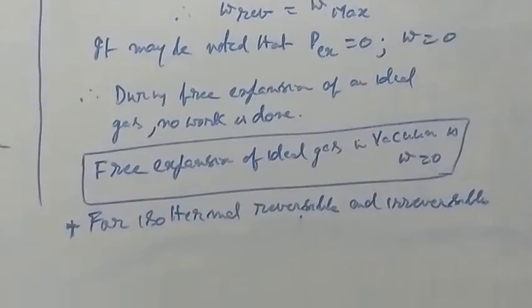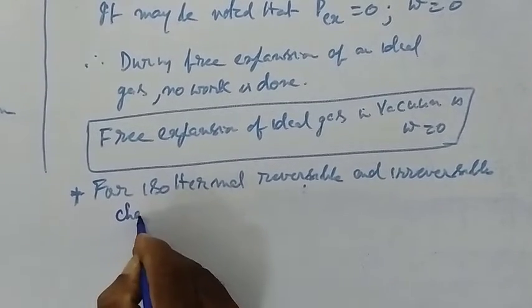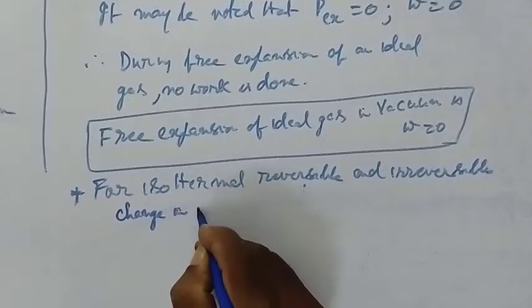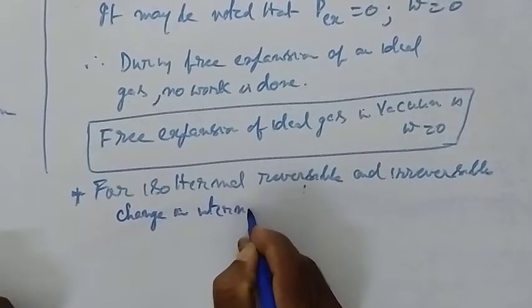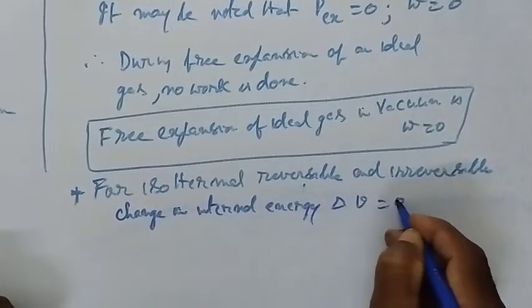For isothermal reversible as well as irreversible process, change in internal energy delta U equal to 0.